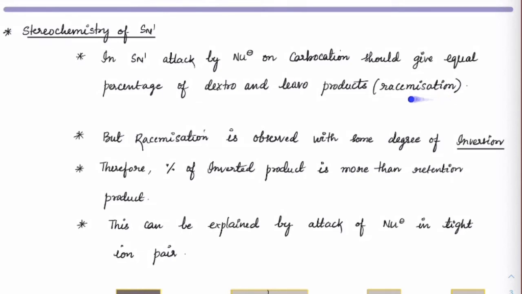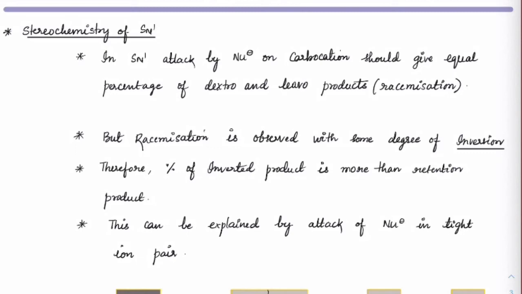So racemization happens because of external compensation, and it is expected in SN1 because the nucleophile is attacking the carbocation, which allows the nucleophile to attack from both ends. So we expect equal amounts of dextro and levo. Racemization must happen.